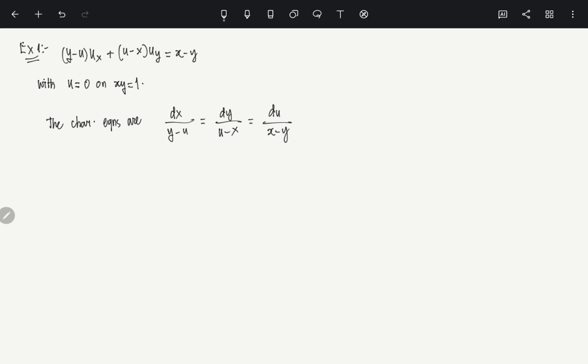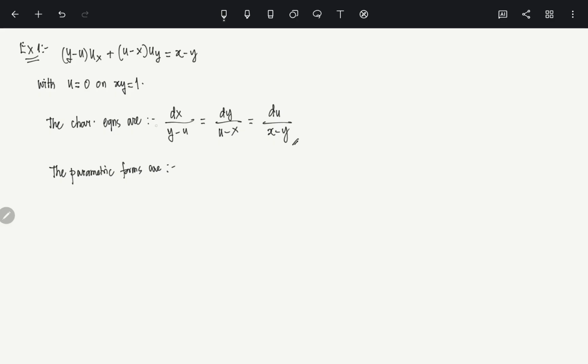Of course you can write all of this in terms of parameterization. So you can do either this first form, or you can also write it as a parametric equation. The parametric forms of these equations are this.